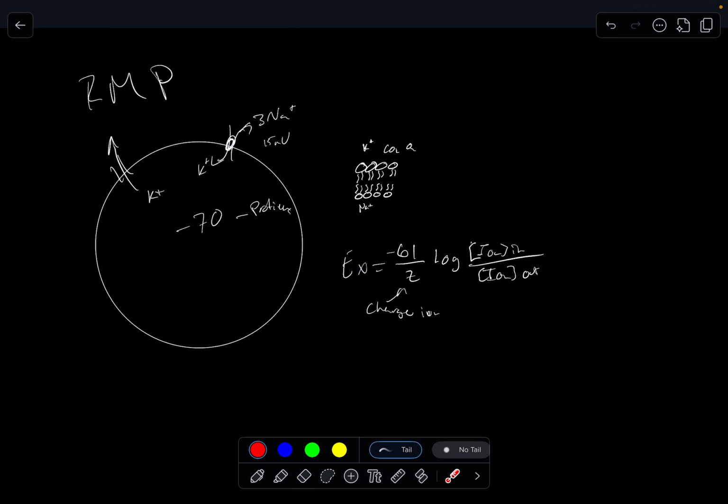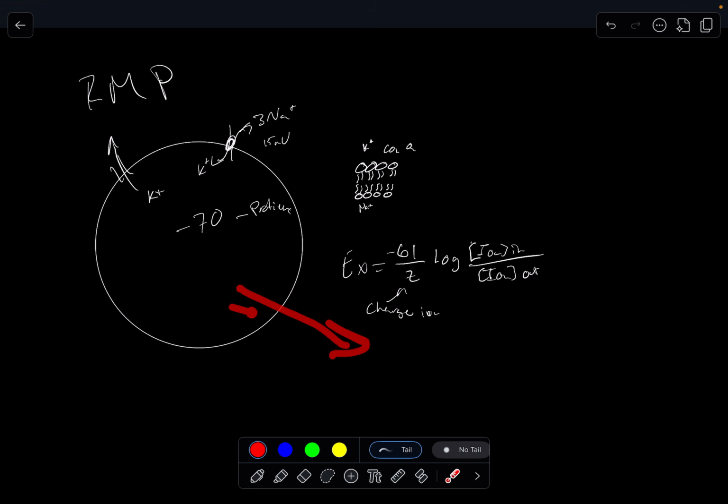And this was how we determined driving force as well, because then we'll take this number, E of x, and subtract it from this negative 70. And that is where we can figure out whether it wants to go in or out. Driving force is just that this number, like I said, subtracted from that number to see whether it wants to go in or out and how much.